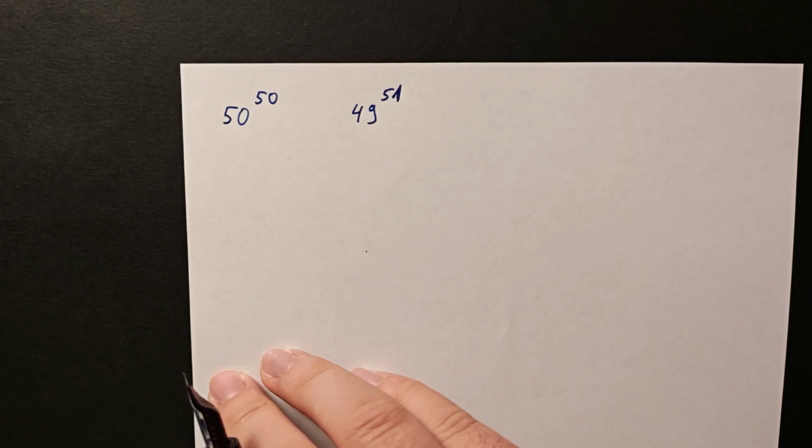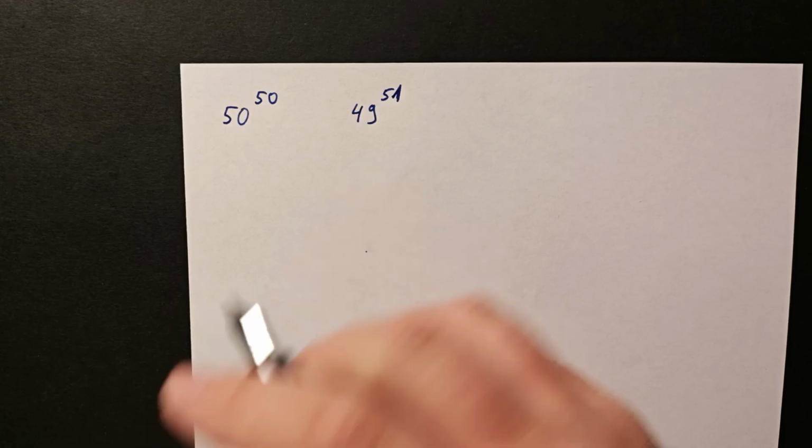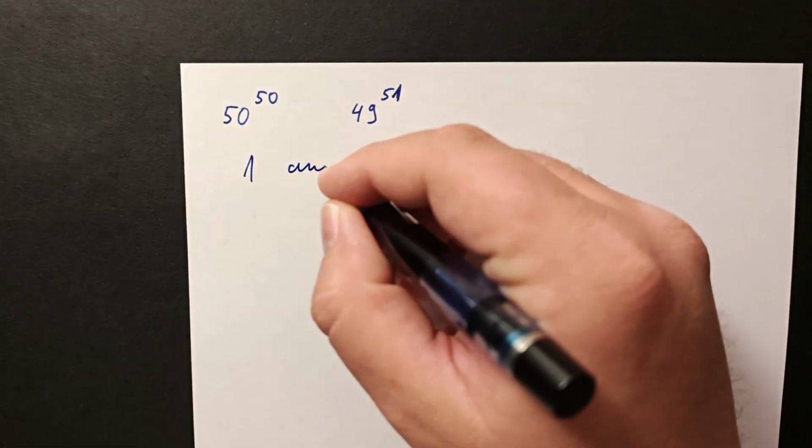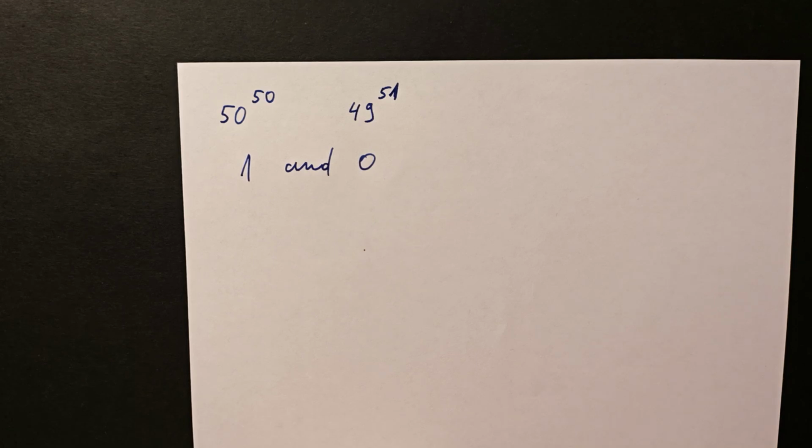Both of these numbers are really not that convenient to work with, as let's say numbers 1 and 0. So the idea here is to make a constant 0 or 1, which is easier to work with.